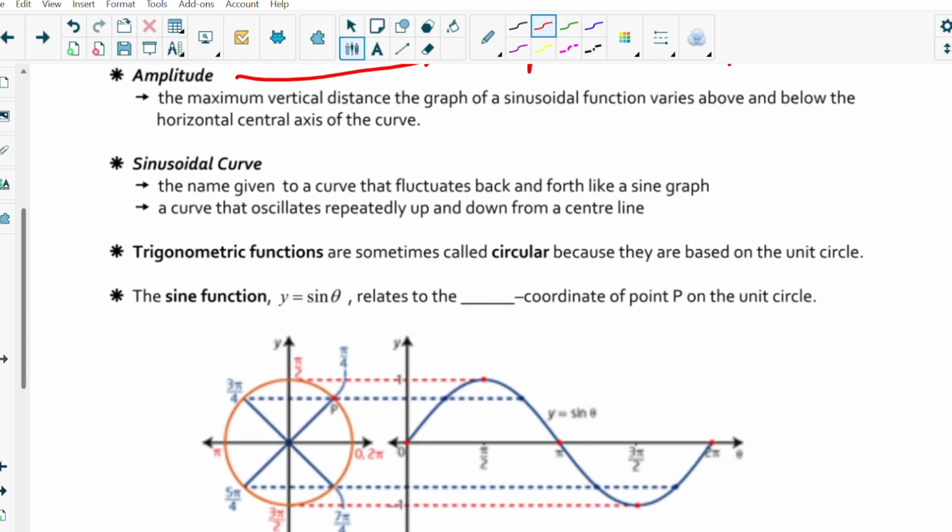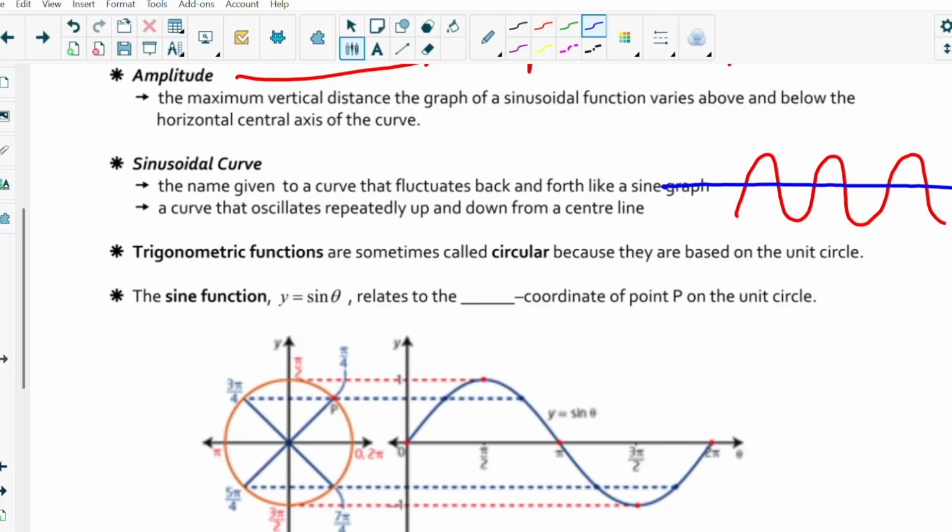Sinusoidal curve. Here's the generic term. It's the name given to a curve that fluctuates back and forth like a sine graph. It's a curve that oscillates repeatedly up and down from a center line. Here's my center line. Trigonometric functions are sometimes called circular because they are based on the unit circle.